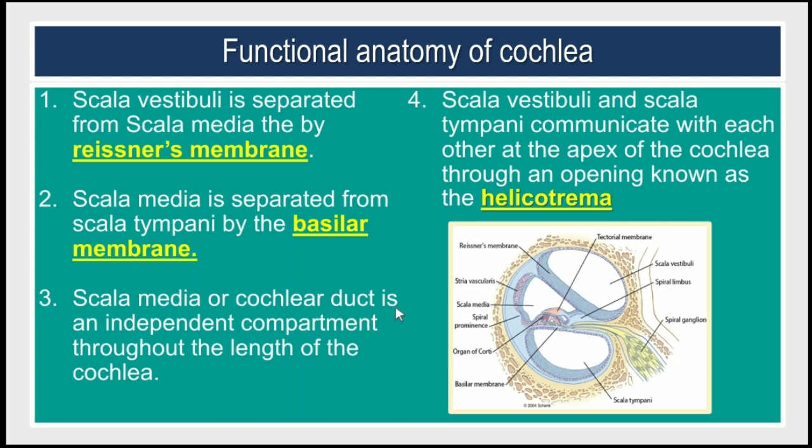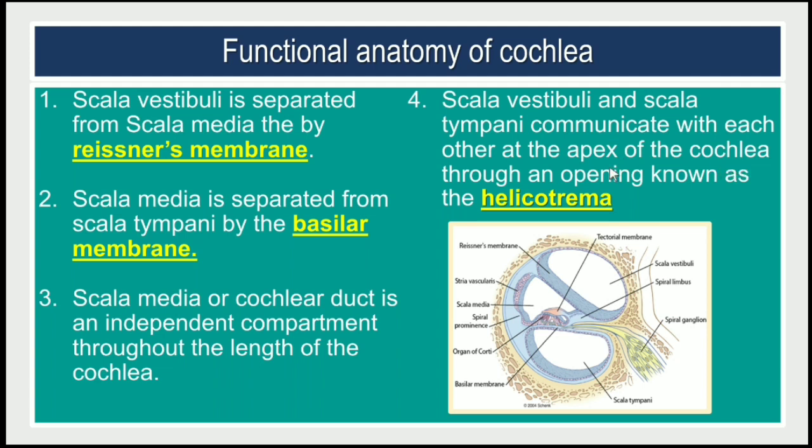So it is an independent compartment throughout the length of the cochlea. It is an individual tube, a closed compartment throughout the length of the cochlea. Which one? Scala media or cochlear duct. Scala vestibuli and scala tympani communicate with each other at the apex of the cochlea.